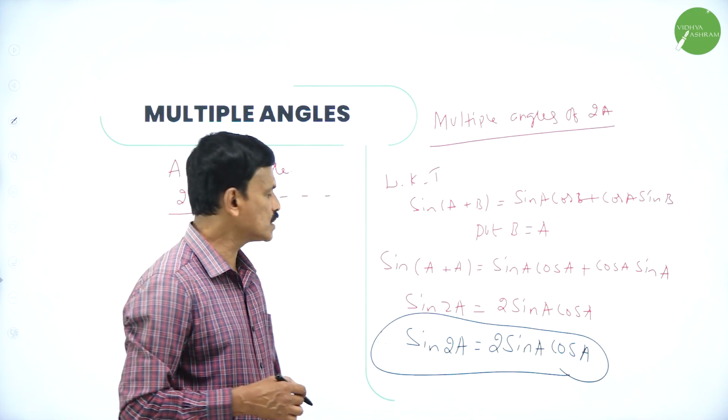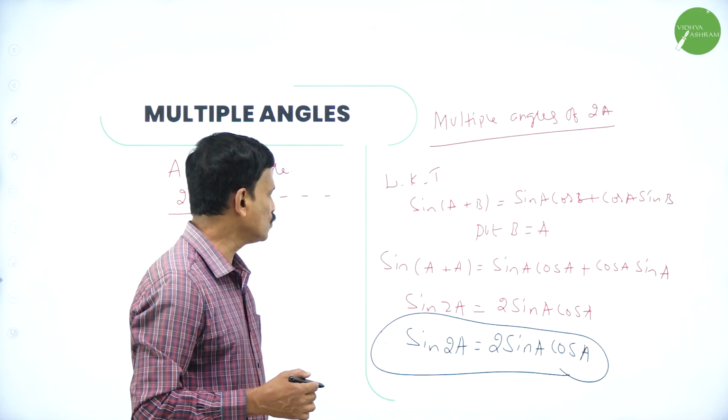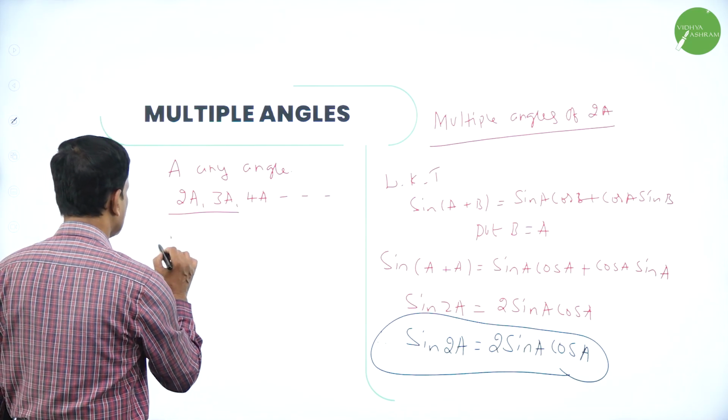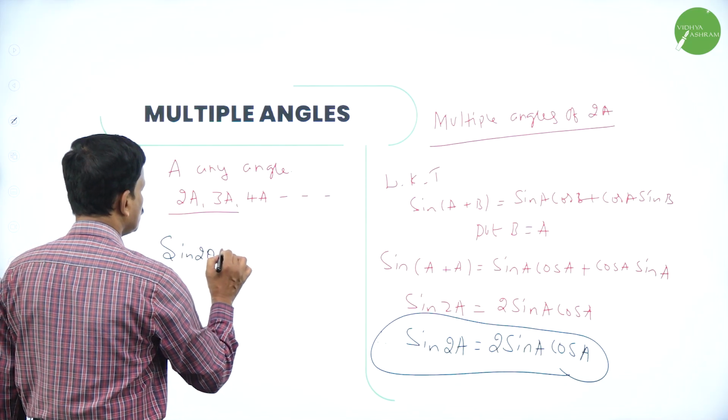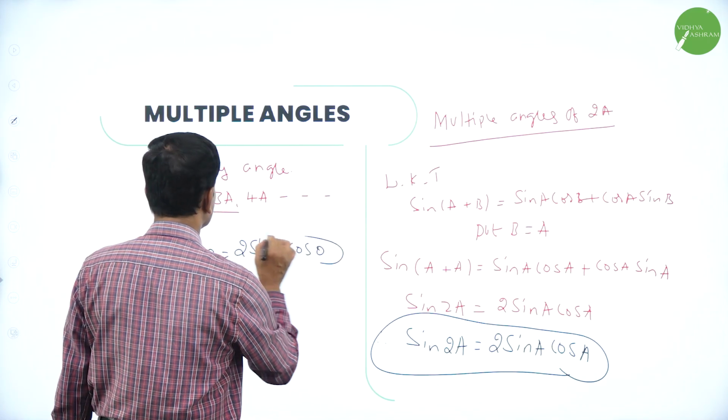If instead of A it is replaced by theta, we can write sin 2 theta is equal to 2 sin theta cos theta.